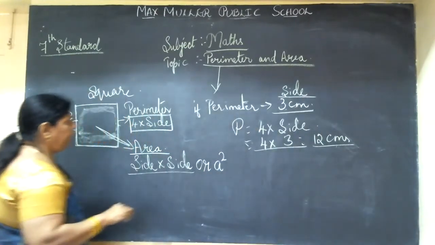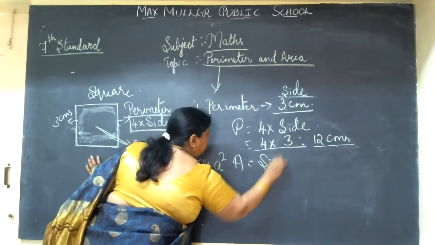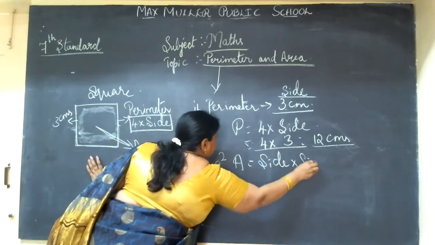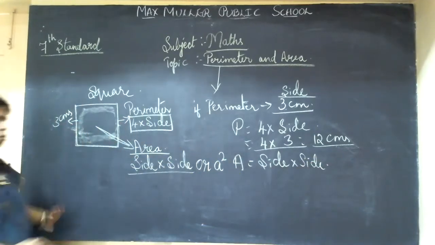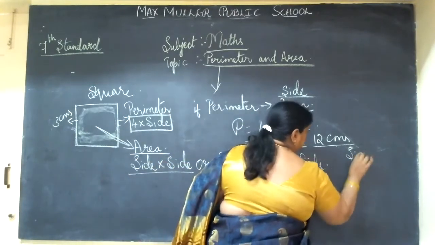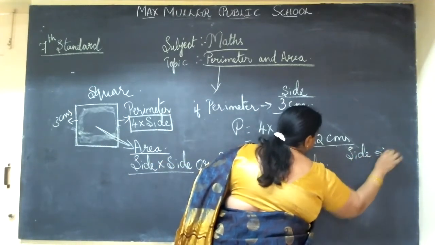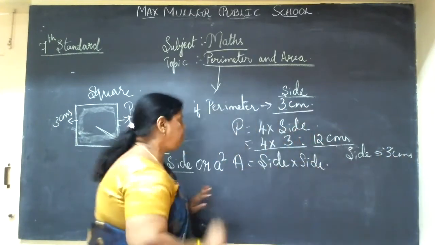Now coming to area. Area is equal to side into side. I'll take the same measurement, the same 3 only. The side is given as 3 centimeters. I have not changed it, children. I want to show you the difference.